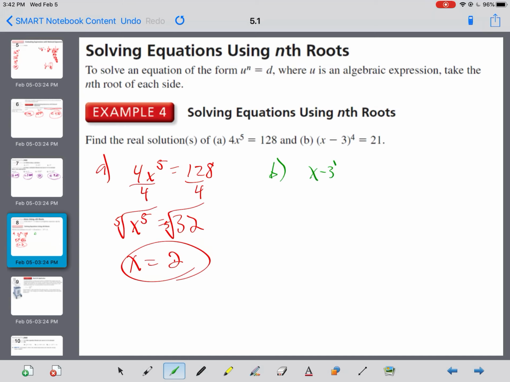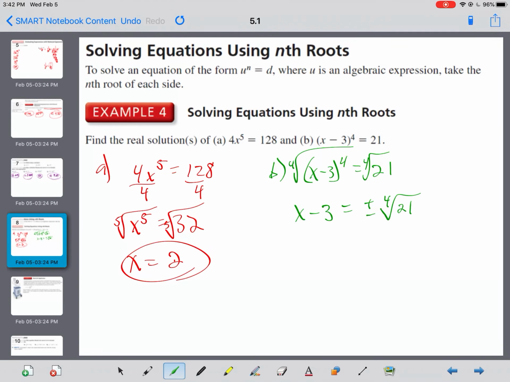Let's look at B. X minus 3 to the fourth equals 21. So we're going to fourth root both sides. So we get x minus 3 equals plus or minus the fourth root of 21. It doesn't say to round our answer, so we're just going to do it in the best way possible.